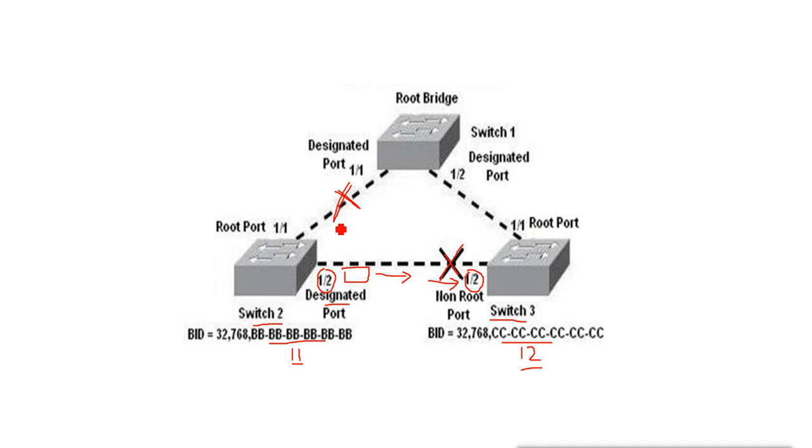So switch 3 will enable this port, then both ports will become designated, and your data will start being sent again from here. So this is how spanning tree works.